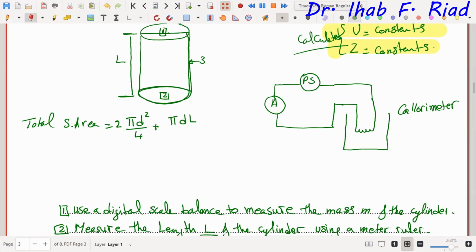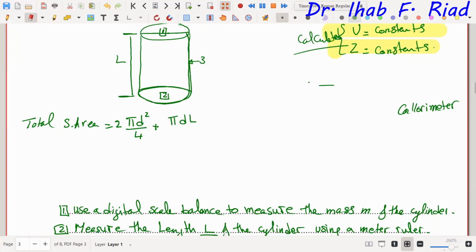Let me draw it in a better way. This is our calorimeter. This is our heating element. This is an ammeter.